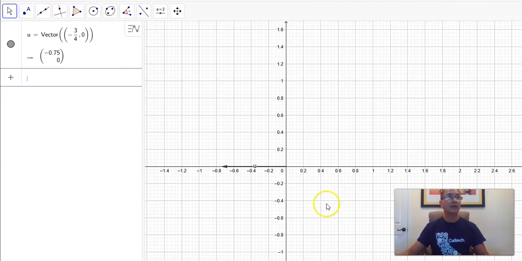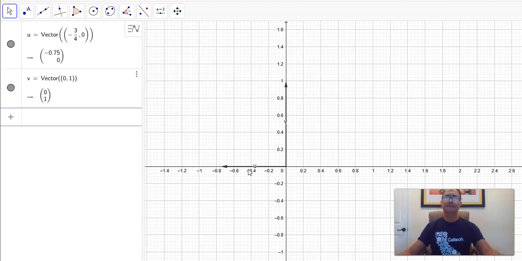So there is our vector for T of E1. And we said E2 doesn't change. So the output for E2 is still 0, 1. So that's U, our negative 3/4, 0. And V is 0, 1.